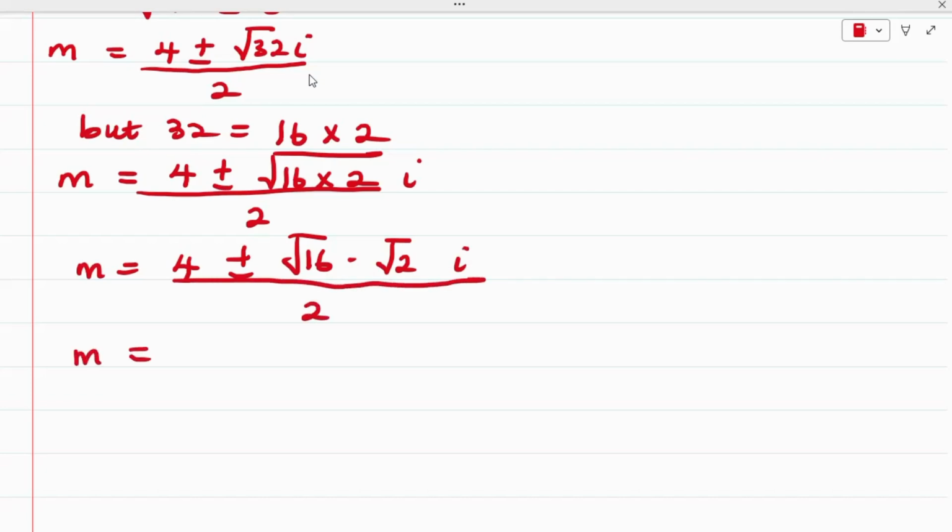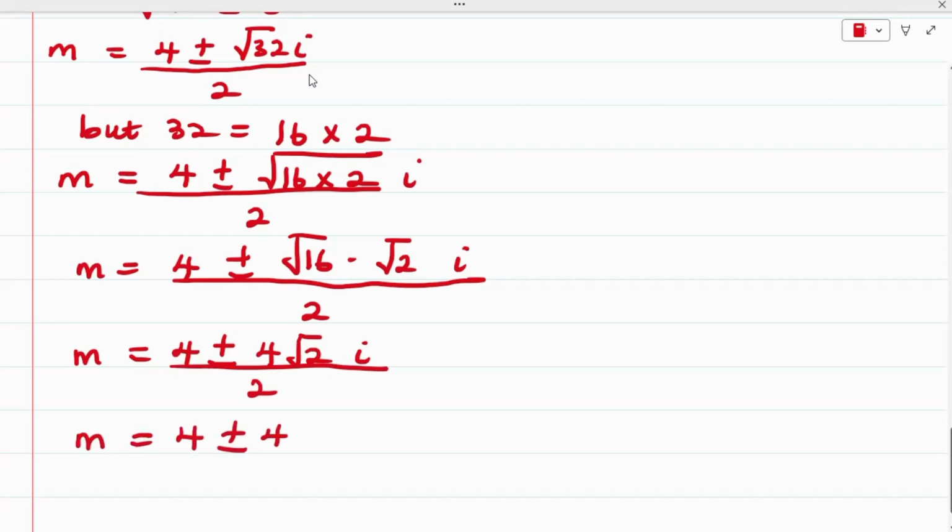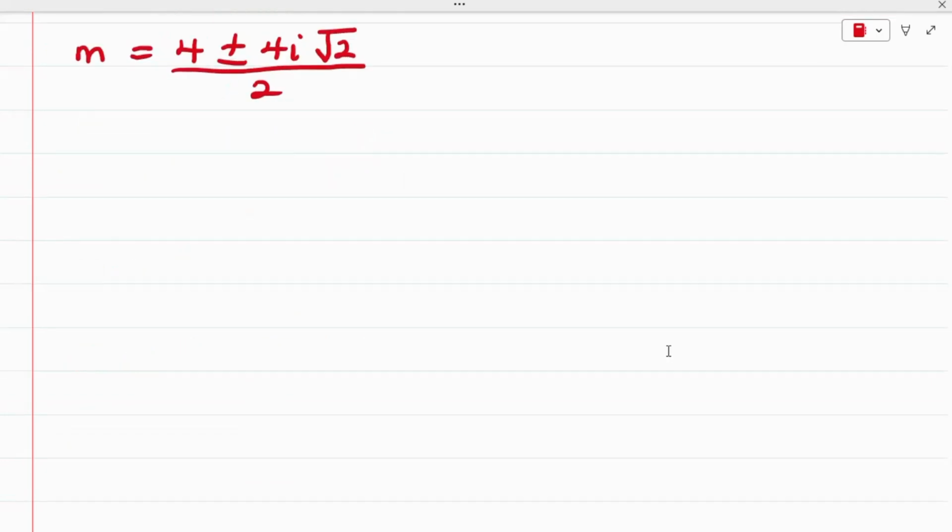So m is equal to 4 plus or minus the square root of 16, which is 4, and this becomes the root of 2 i, all over 2. Rearranging this, we have that m is equal to 4 plus or minus 4i root 2, all over 2. From here, we want to factor out a common term from the numerator, and the common term in the numerator is 2.